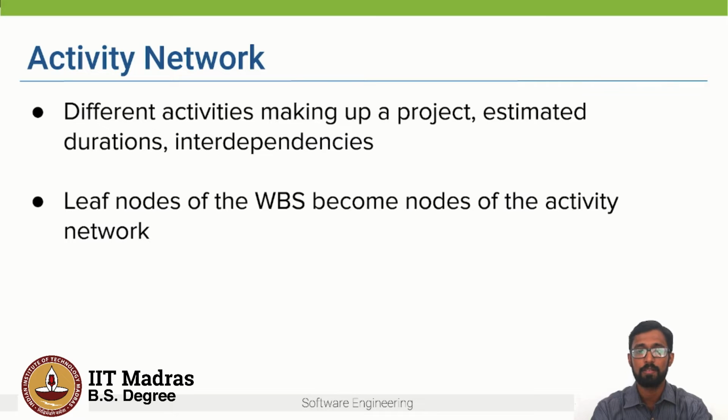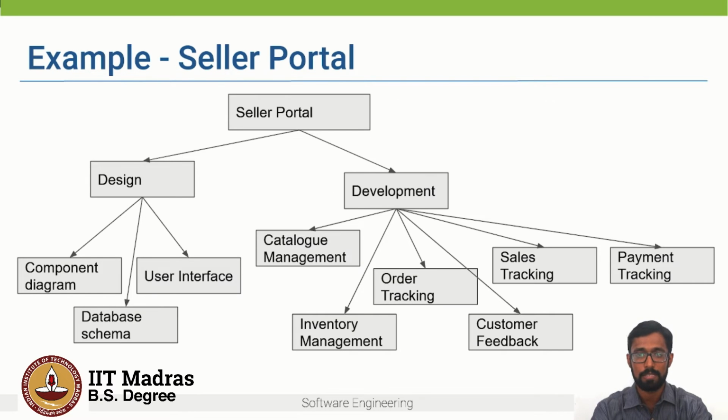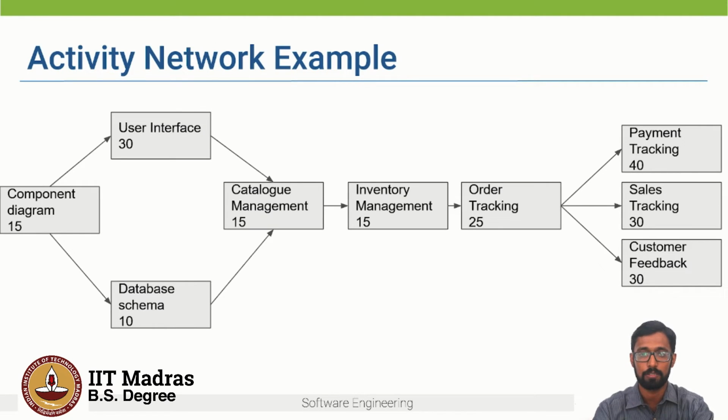So let's look at one example, the same example. This was the WBS or the work breakdown structure which we created. Now all of these leaf nodes become part of the activity network. So this is one example. And here you can see the arrows also determine the dependencies, right?